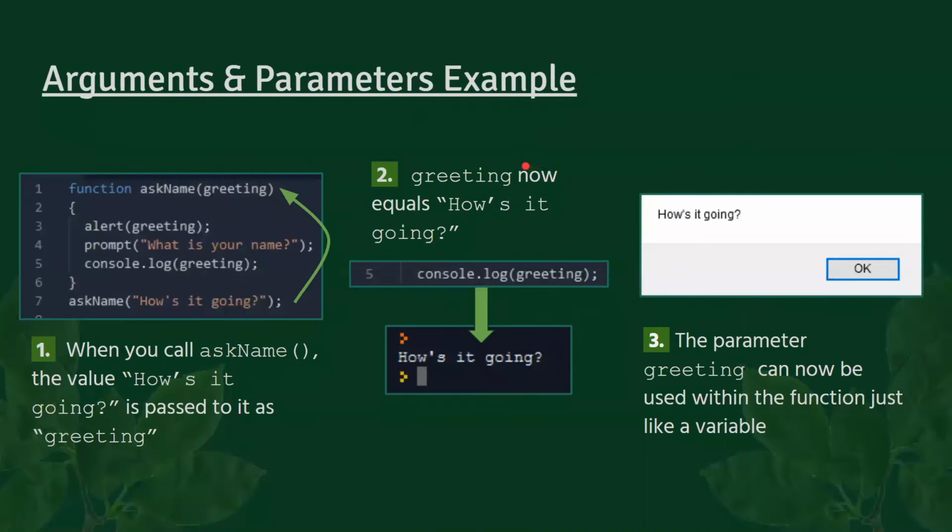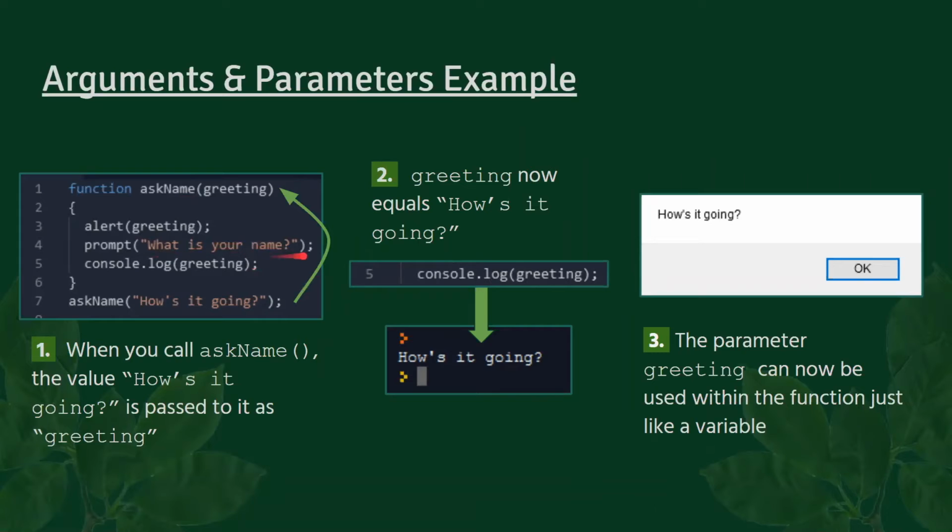Arguments and parameters example. I think this would have been helpful to look at. So we're going to go through it quick. I'm sorry. Okay, let's go through it again in the visual format. So function ask name greeting. Alert greeting prompt what is your name. Greeting is referring to how's it going, not what is your name.